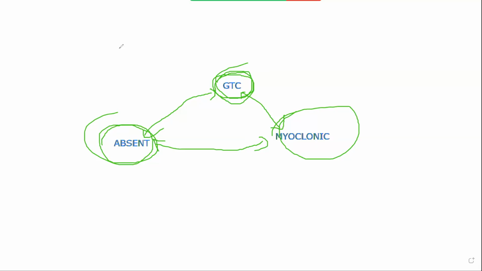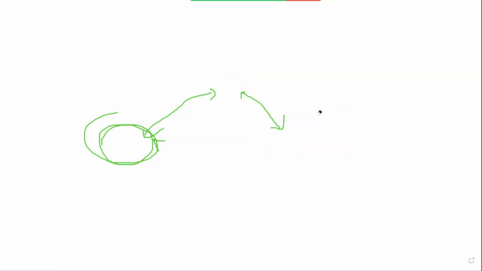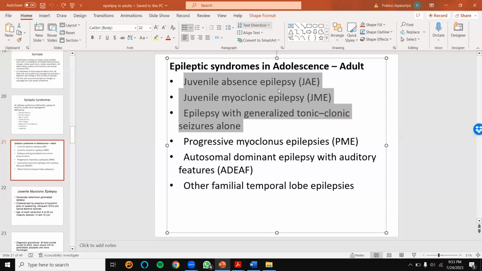So then you classify accordingly. Right. Back to the slides, back to the PowerPoint. So those are the types of epilepsy syndromes in adults.